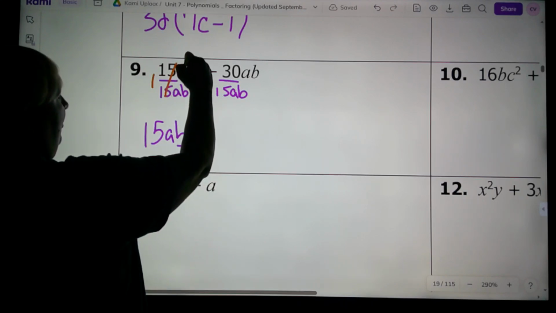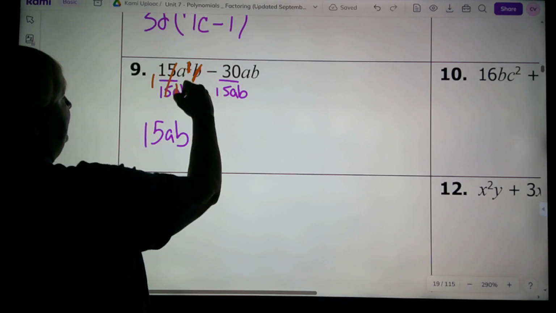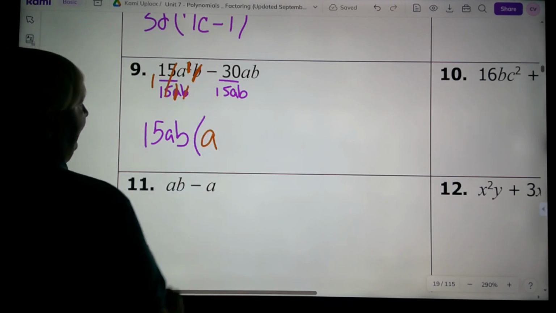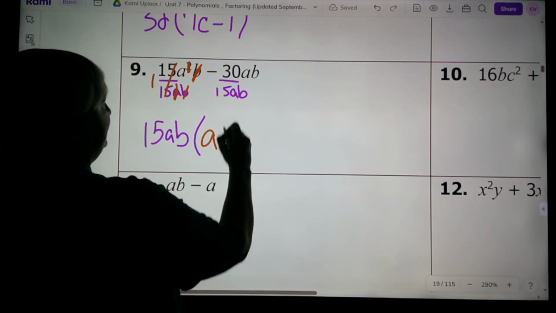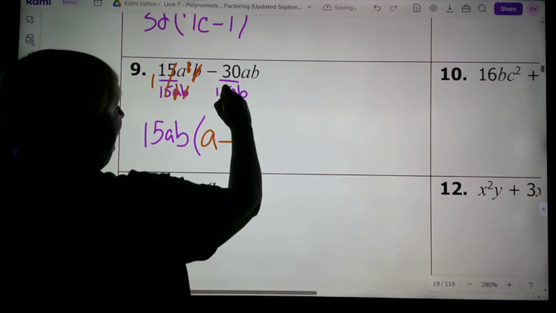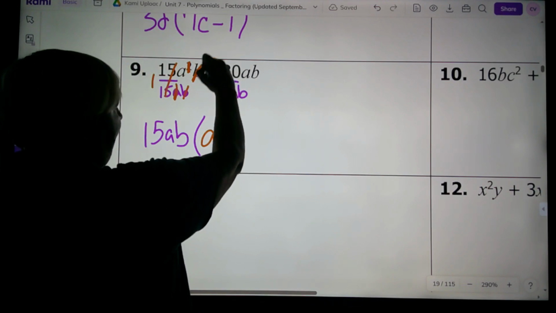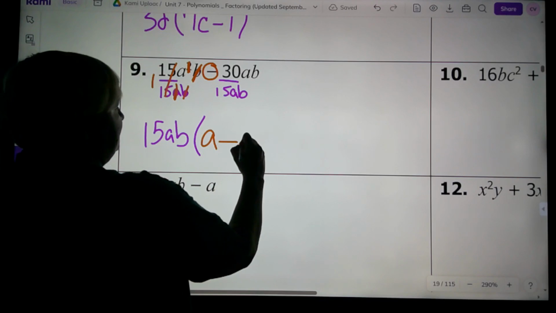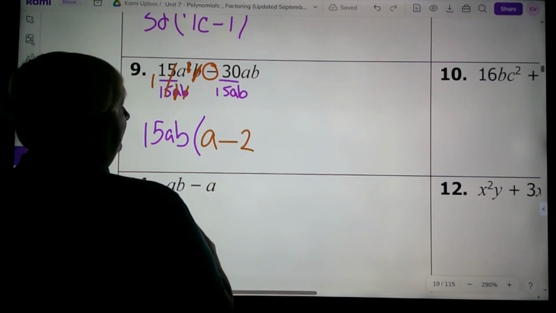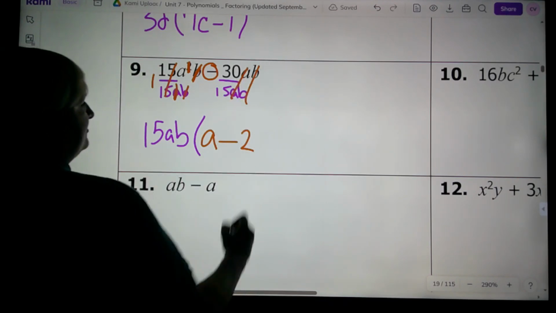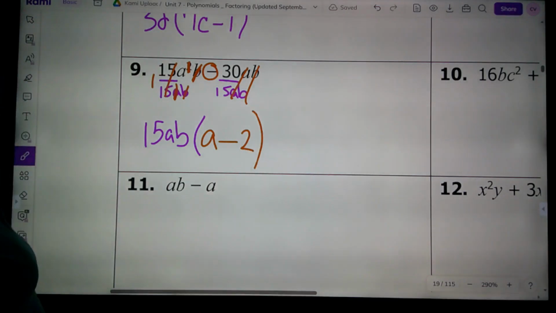I'm left with 1a and no b's, so I'm left with a minus 30 divided by 15, negative 30. Don't lose the negative. Is negative 2. A and B cancel. That's it. That's all I'm left with. They had a lot of stuff in common. That means I'm left with just that.